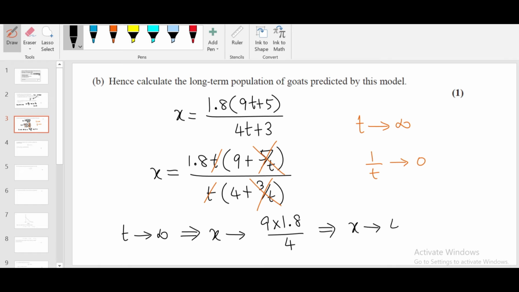X tends to 4050. So when t approaches a very large value, that means infinity, X will approach 4050. That's the maximum value. So this is a proper way of finding the maximum value, the upper limit. Though it's a 1-mark question, you might be thinking that there is a lot of working, but once you practice, 10 seconds is all you need.